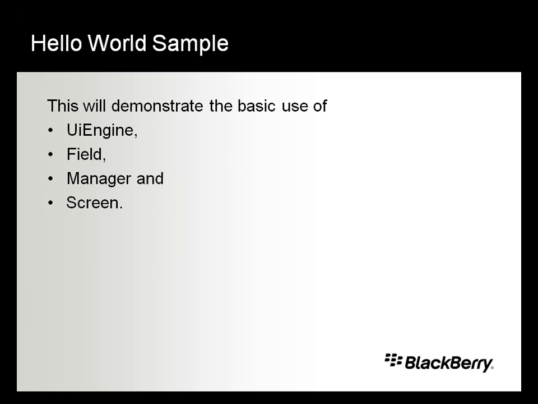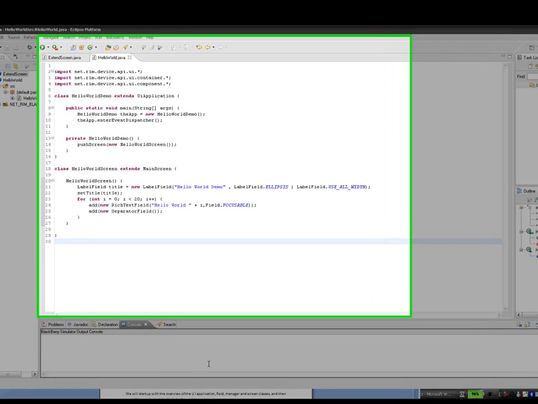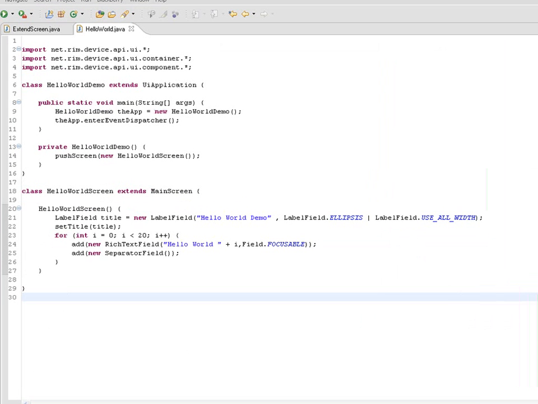To demonstrate the basic usage of UI Engine, Field, Manager and Screen classes, we are going to build a Hello World sample. What we have here is class Hello World Demo, which extends UI application. It has to implement a main method, which is the entry point in our application.